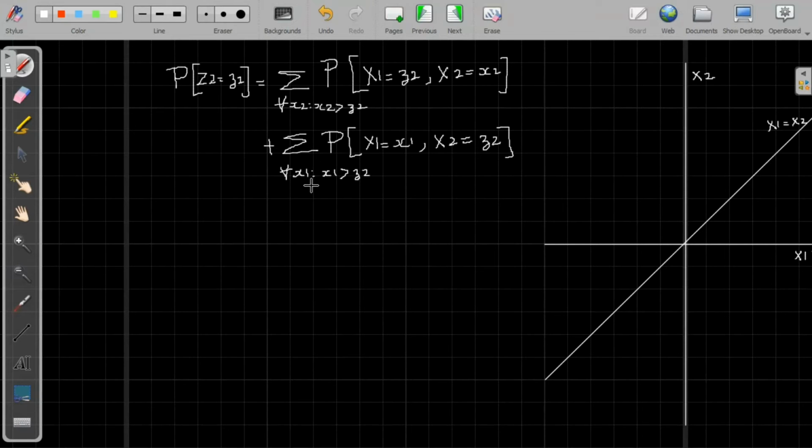This is from our case 2, and the last case is probability x1 is equal to z2 and x2 is equal to z2.